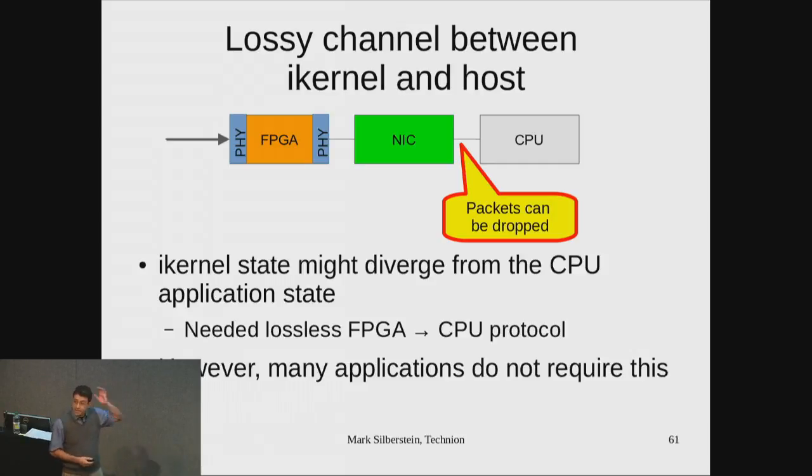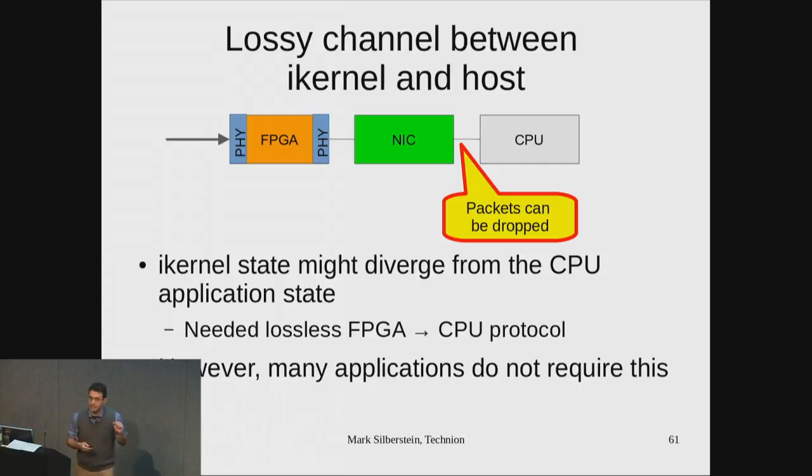But here's the catch. The packets can be dropped, but suddenly this whole nice abstraction of extending application logic into the NIC breaks, right? Because suddenly there is an unreliable link between one function in the application and another function in the application. That really is not good, right? Okay, so when we figured that out, it was too late to fix it properly.